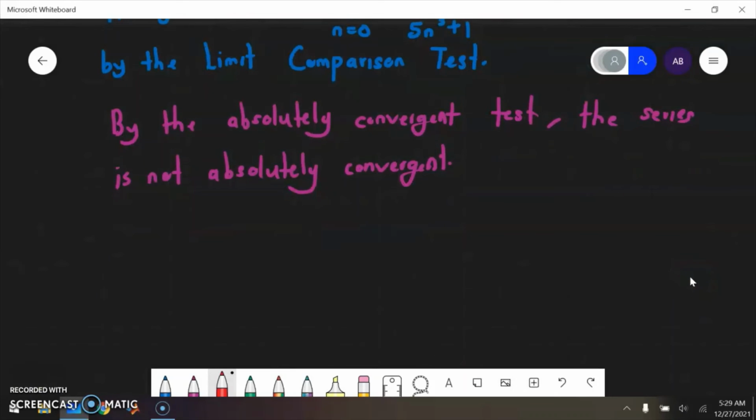Okay, so let's look at one more example here. Given the series sum n equals 1 to infinity of 2 to the power of n over n to the power of 100.